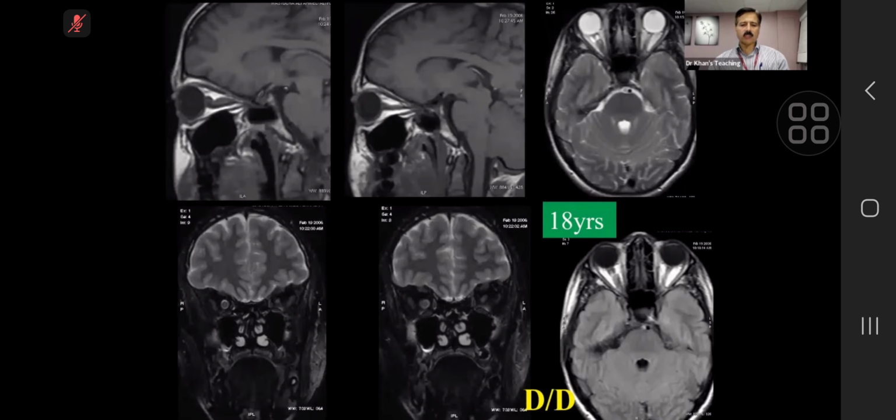By the way, this WHO criteria was revised in 2016 with immunohistochemical criteria, which in our practice we don't use. But we are still sticking with the old concept, grade 1, 2, 3, 4. Now, grade 1 tumors are less malignant and grade 4 are the worst, the GBM.